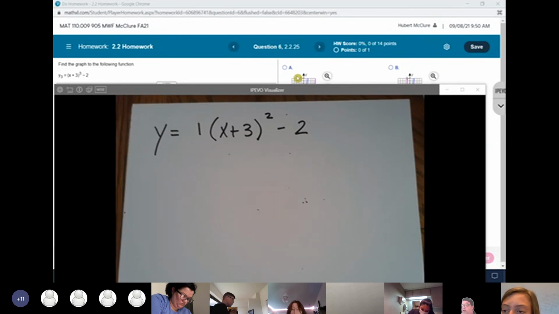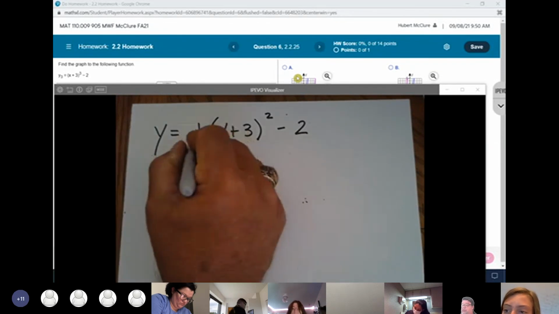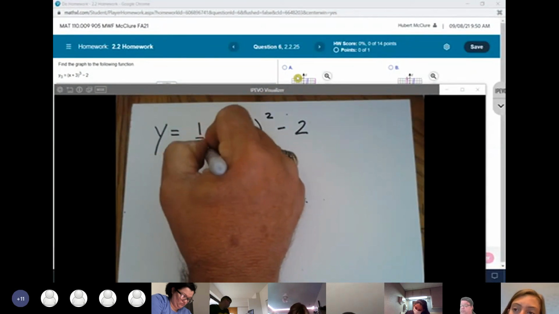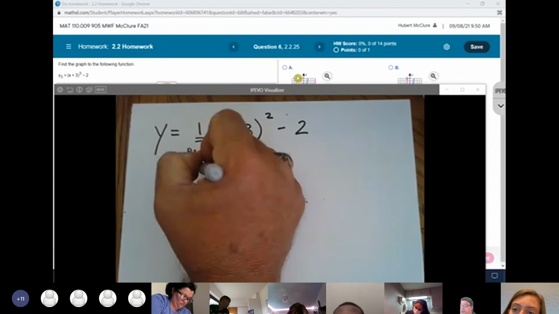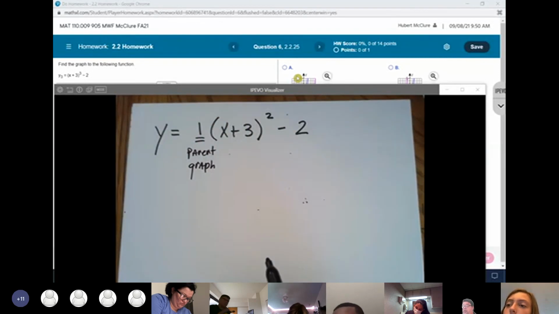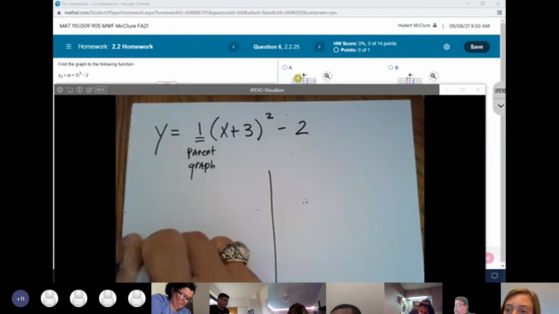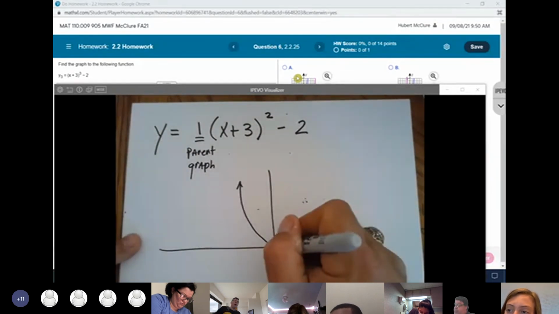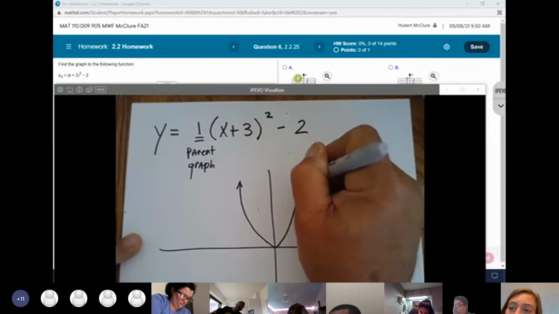So we've got a parent graph because that's 1. So as far as the width and the height, it's a parent graph. So you just draw a cubic function here like that. I mean a parabola, which is a quadratic.